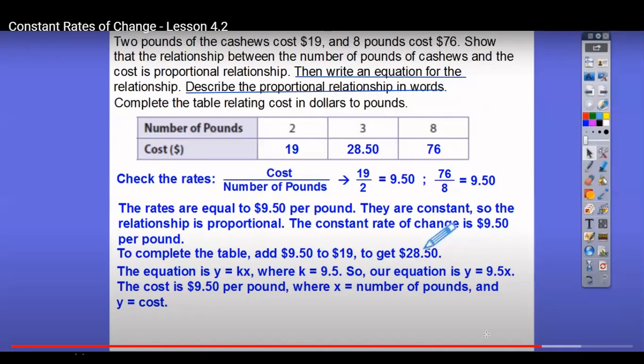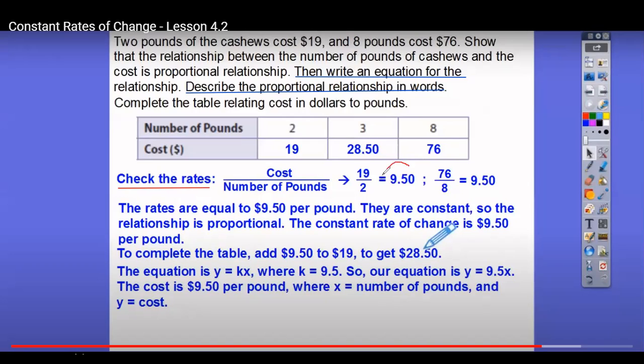So here in this one, we tried to find at the beginning, we checked the rates. So this is the first point. We will check the rates. He said 2 pounds cost us $19, 8 pounds cost $76. So we found the relationship, and we note that the rate of change was constant.